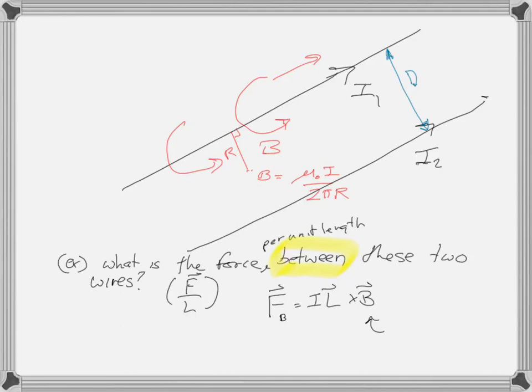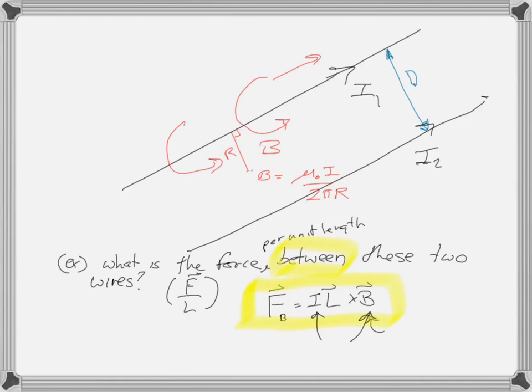What's the force of wire 1 on wire 2, and what's the force of wire 2 on wire 1? Those two are going to be equal and opposite. We will see that by solving the equation F equals I L cross B, with one of the wires in the magnetic field of the other wire. Then if we switch the two, we'll find that the magnetic force is equal and opposite.